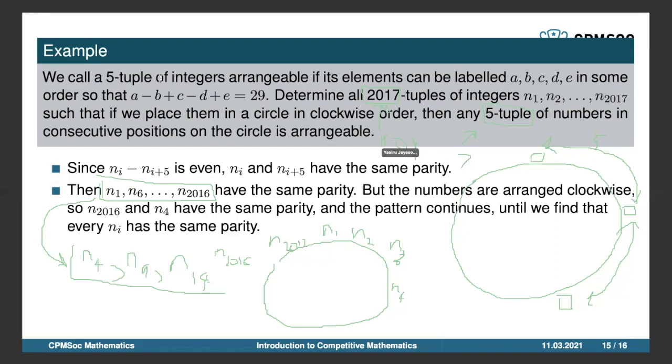This idea in general uses modular arithmetic, which is analyzing remainders, but it's a lot more general. In later workshops and sessions, we can cover modular arithmetic, but at the moment we don't need much of it. All we need is to get that all the numbers have the same parity by going clockwise by 5 steps every time. All right, so we can go to the next slide.